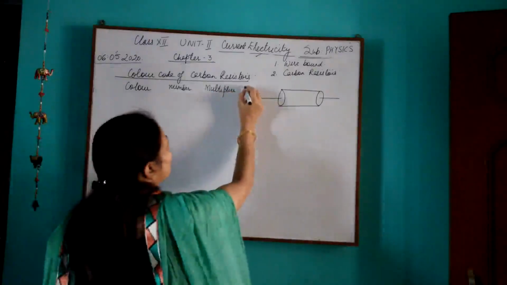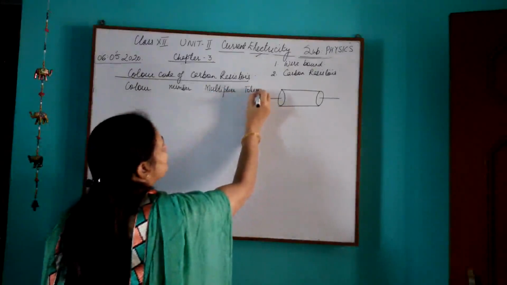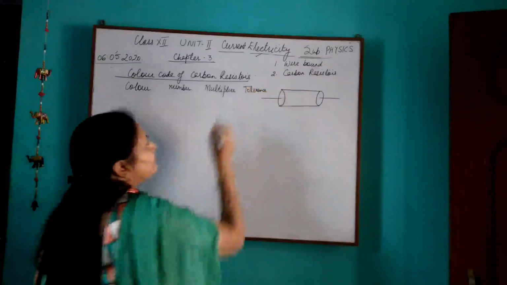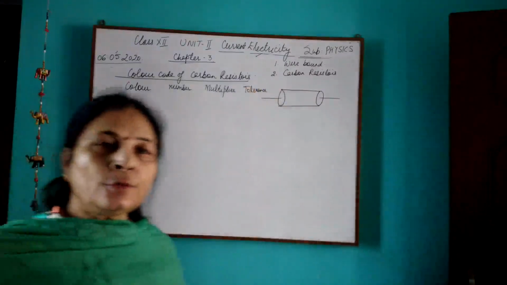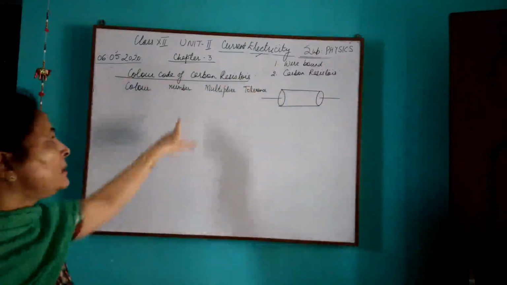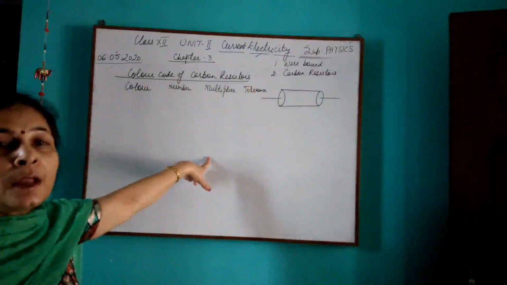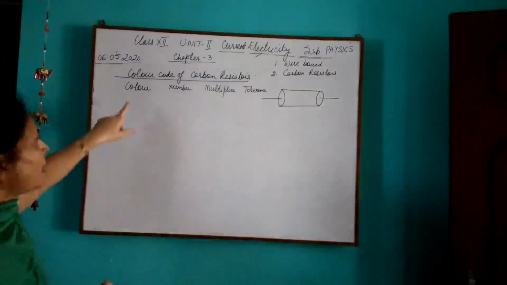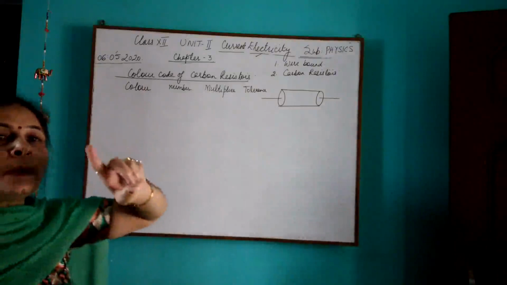And then tolerance. These are the 4 columns which you will have to remember. Now the very first thing is the colors, which are easily understood and remembered. See how you remember the color. You just remember one name.